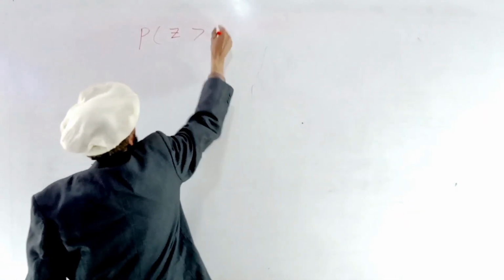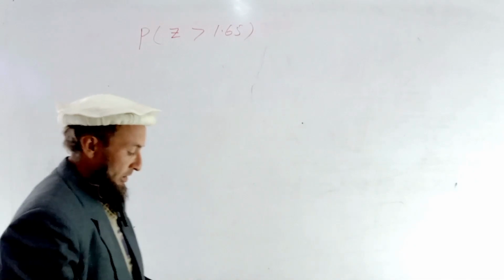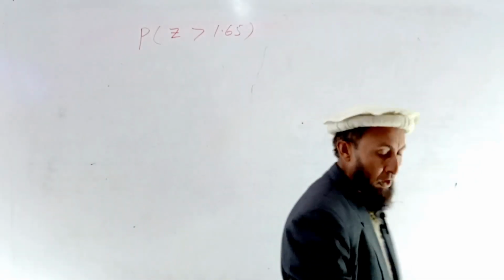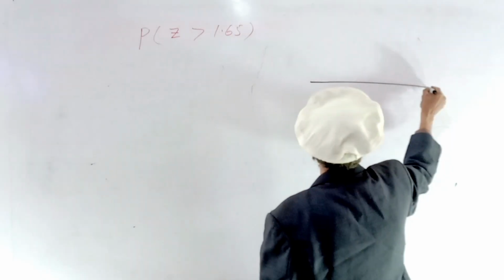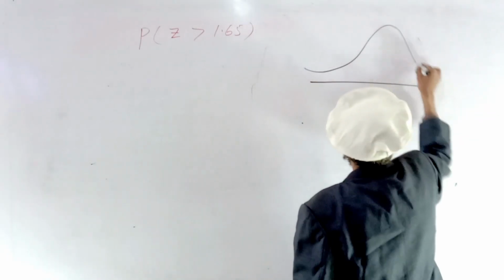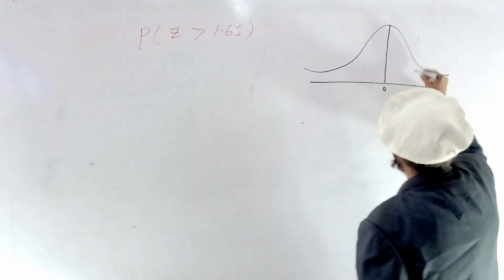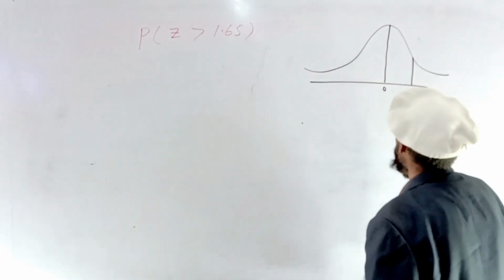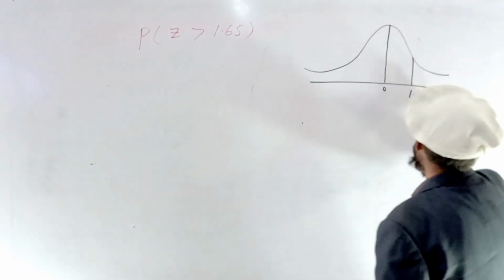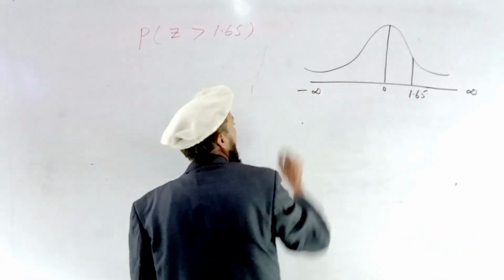Probability of z greater than 1.65. How do we calculate this area? Look here, we are using the standardized normal variable area. The value is positive, so it lies on the positive right side, 1.65. Here is infinity and here is minus infinity.